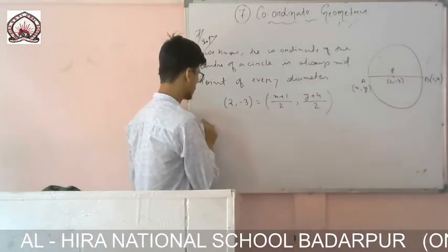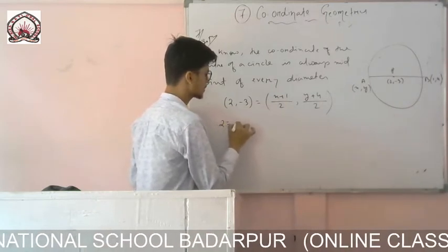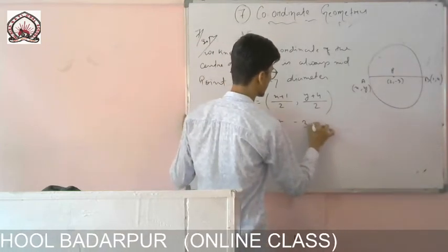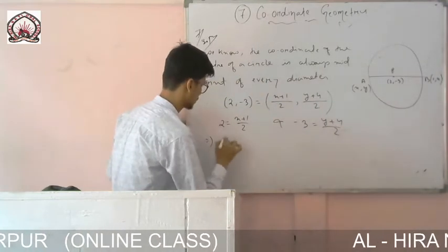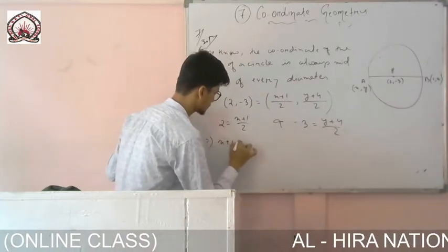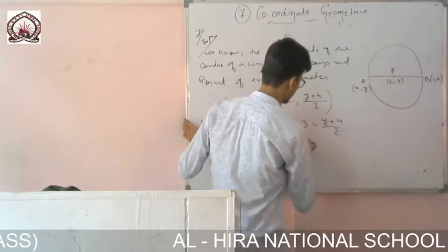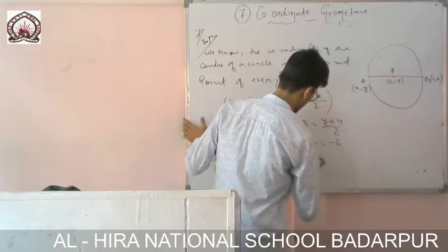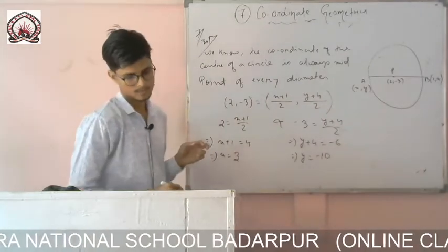So now on comparing, you will get 2 equals (x plus 1) by 2, and minus 3 equals (y plus 4) by 2. So 2 2s are 4, so x plus 1 is equal to 4, x is equal to 3. And y plus 4 is equal to 3 2s are 6, minus 6, so y is equal to minus 10.